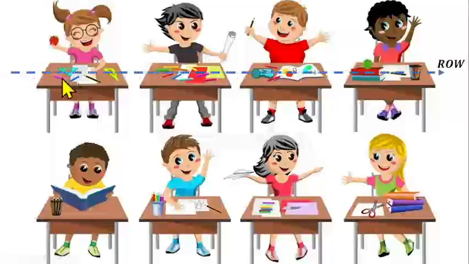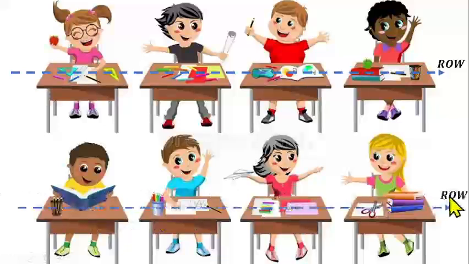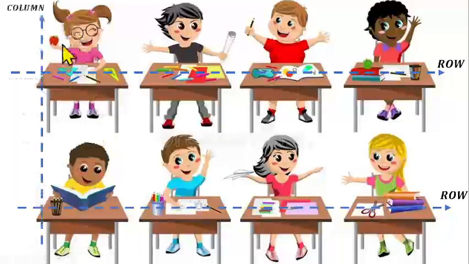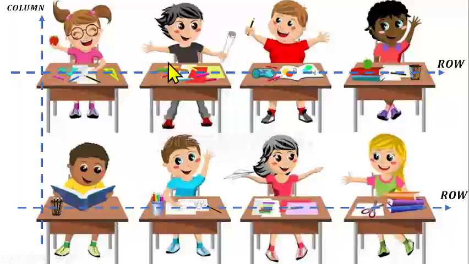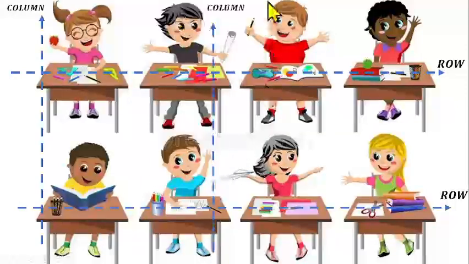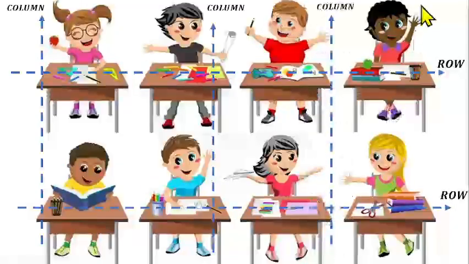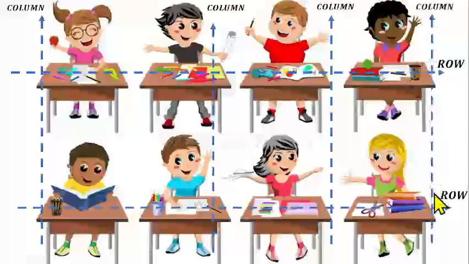This line represents the first row, and this is the second row. The horizontal line represents the rows, while this is the first column, the second column, the third column, and the fourth column.